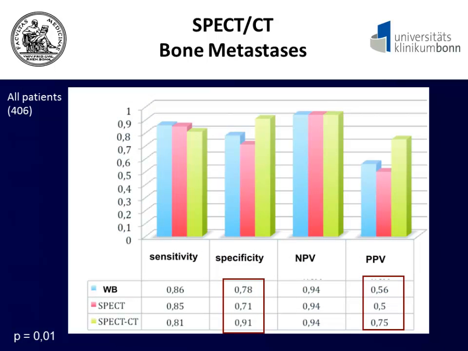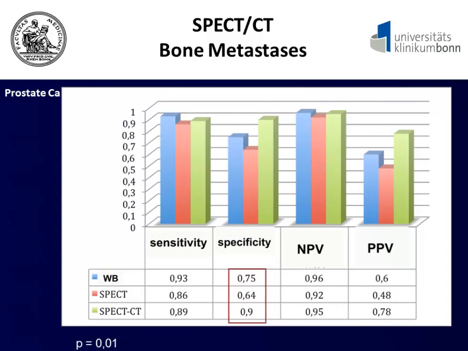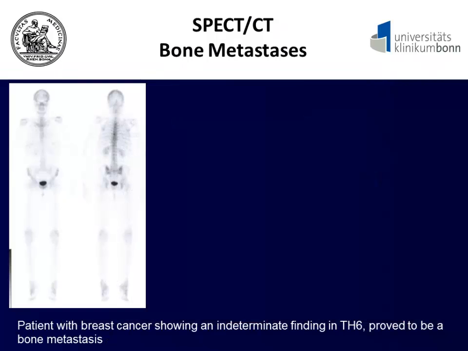Also, we published in a European journal our retrospective evaluation of 406 patients, and we could show that especially the specificity was better with the SPECT CT, 91% compared to about 75% with whole body scan and SPECT, and also the positive predictive value of the test was better, and it was the case for breast cancer and also for prostate cancer.